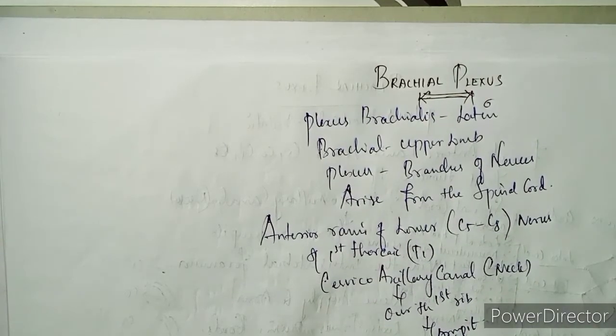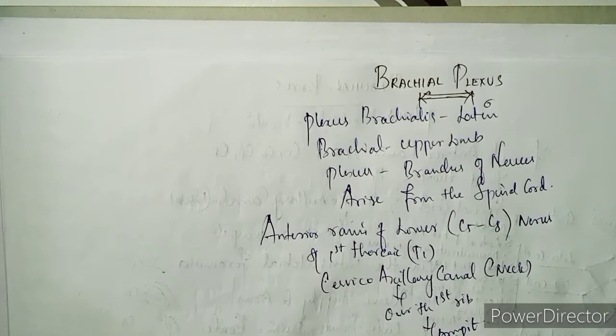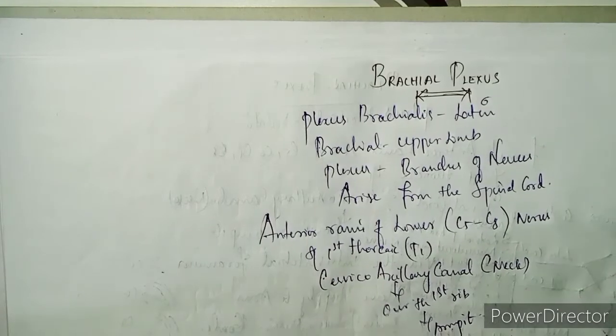At each vertebral level, the spinal nerves arise and leave the spinal cord via the intervertebral foramina.